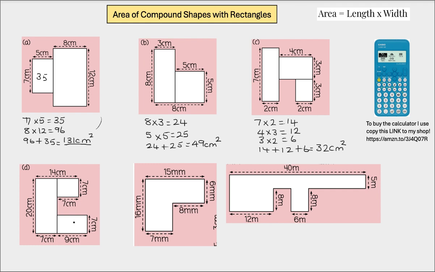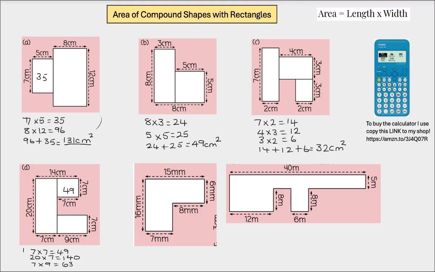Same again. We've got 7 times 7, which is 49. Then we've got 20 times 7, which is 140. And then finally, we have 7 times 9, which equals 63.